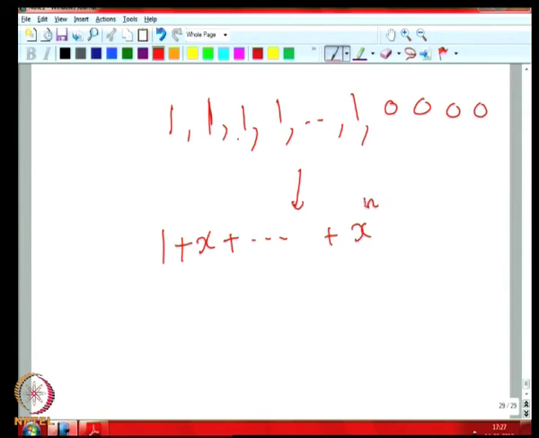Here, n terms means including 0 up to the n plus 1th term. That means this corresponds to h0, this is h1, this is h2, so we write up to hn. So this we know is 1 minus x raised to n plus 1 by 1 minus x.